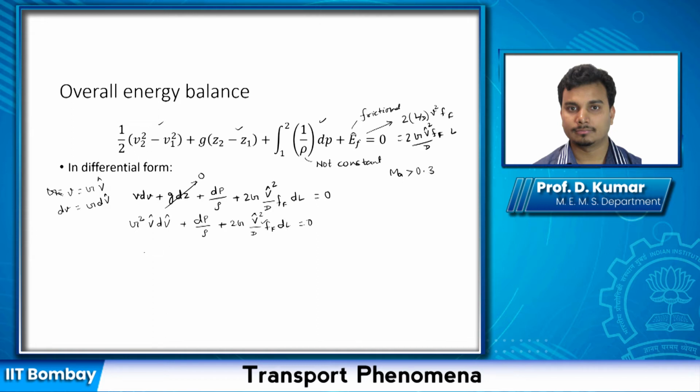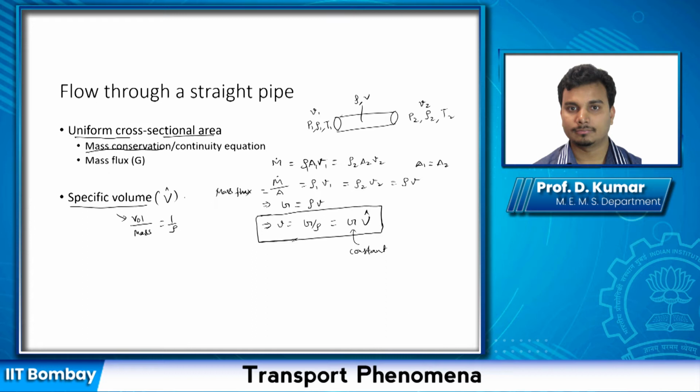So if we do that, then this will be G squared dV by V plus this 1 by rho, we could write 1 by rho as just V, because that is how we define specific volume.